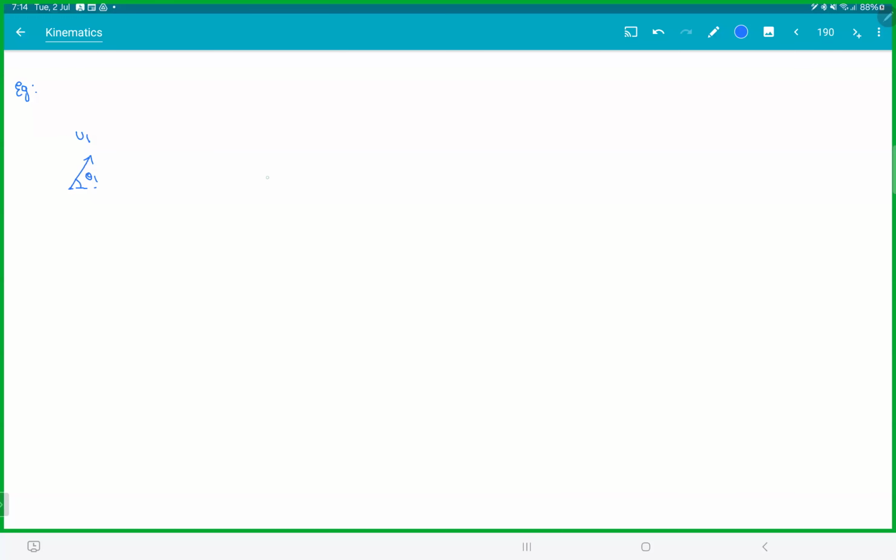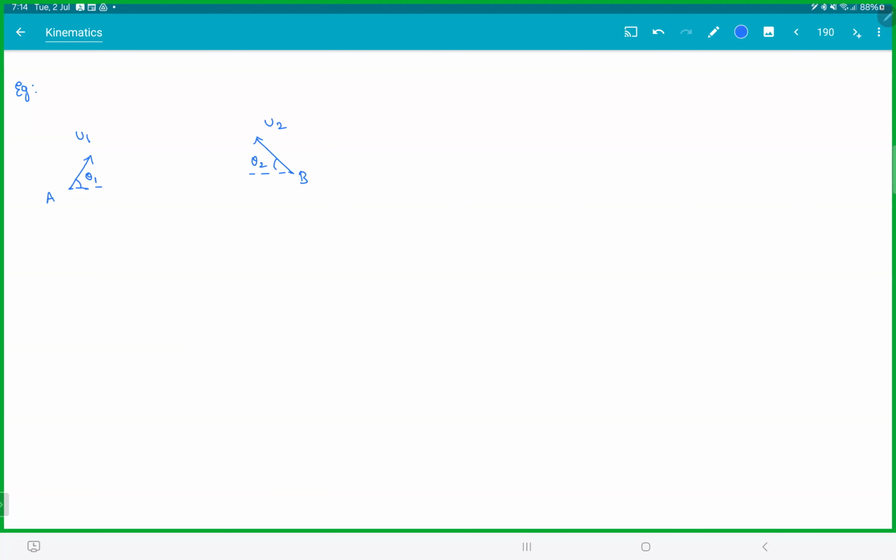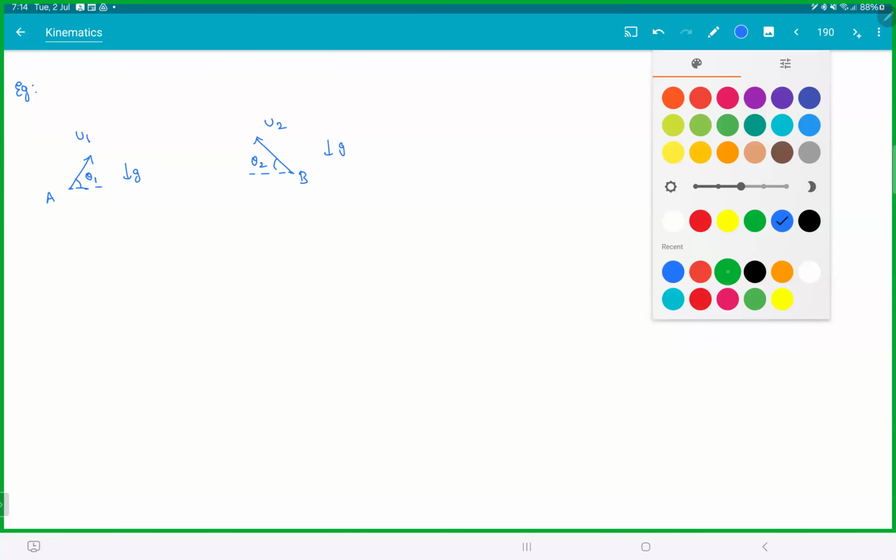This is theta 1. Let's say this is point A. This is U2, and this is theta 2. So I want to study the motion of, let's say, A with respect to B. Okay, two projectile motions. So let's say this thing also has a gravity G and this thing also has gravity G. So step one, resolve them into components.